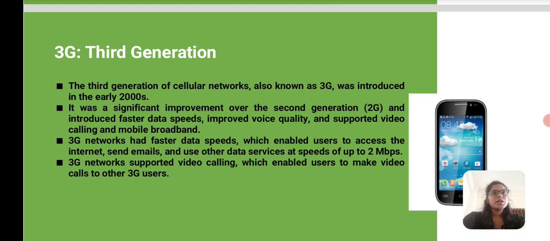It was a significant improvement over 2G and introduced faster data speeds, improved voice quality, and supported video calling and mobile broadband. 3G networks had faster data speeds, which enabled users to access the internet, send emails, and use other data services at a speed of 2 Mbps. 3G networks supported video calling, which enabled users to make video calls to other 3G users.